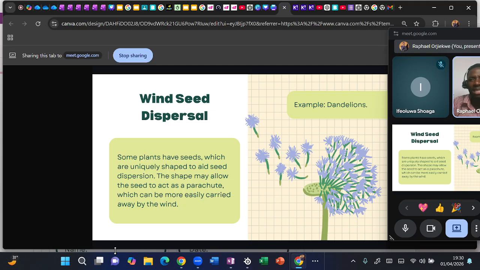Very funny name. So dandelions are edible, they can be eaten by animals, they are medicinal, and have a historical background. They are dispersed by wind.